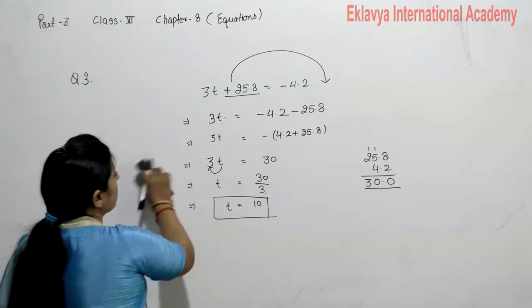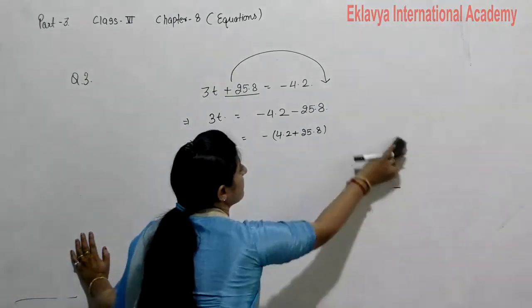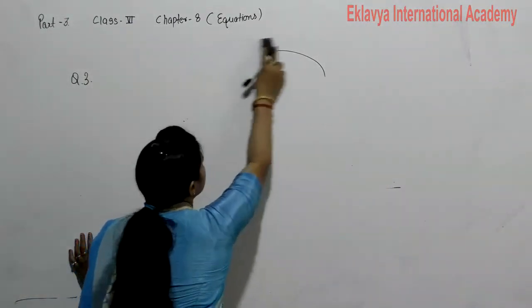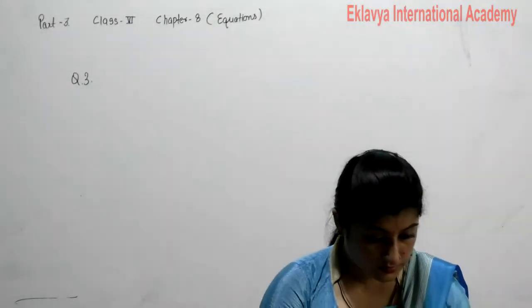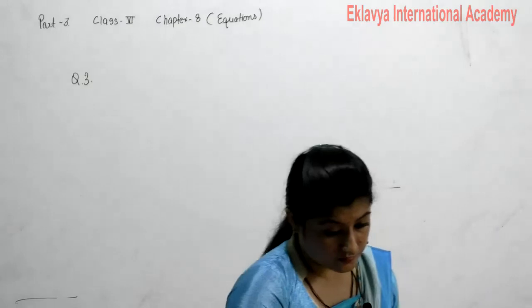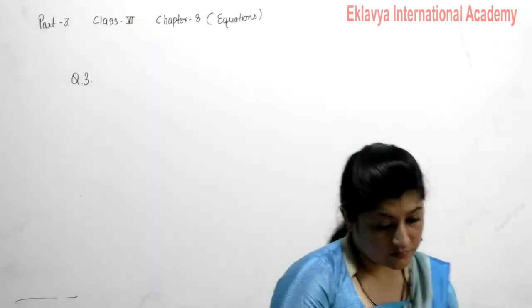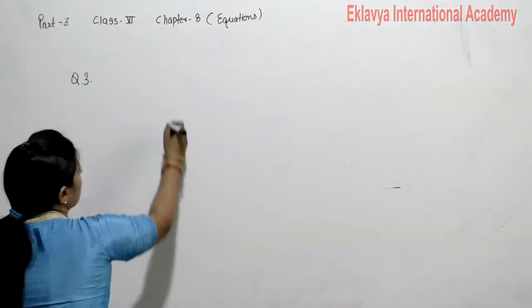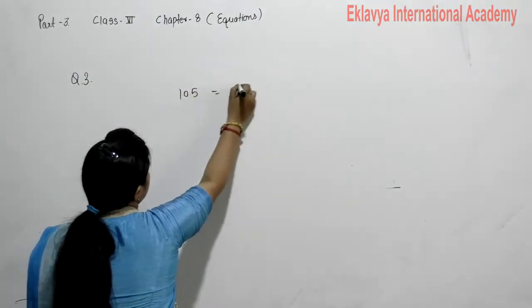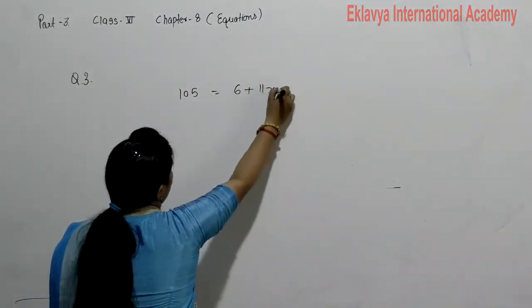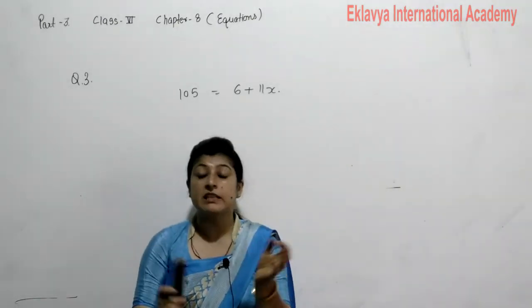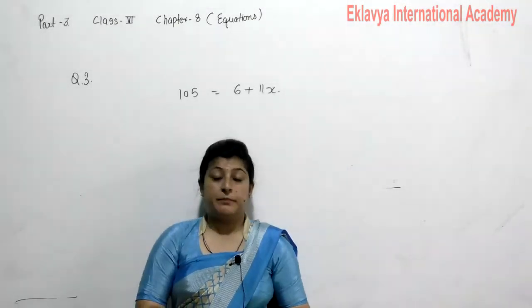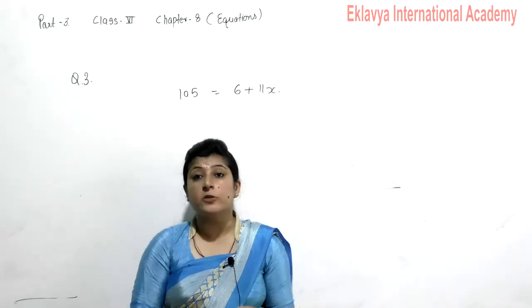One more example, see. There is no need that the unknown variable will always be on the left hand side. Maybe it is on the right hand side also.